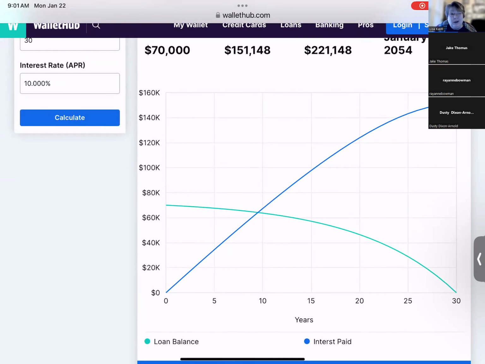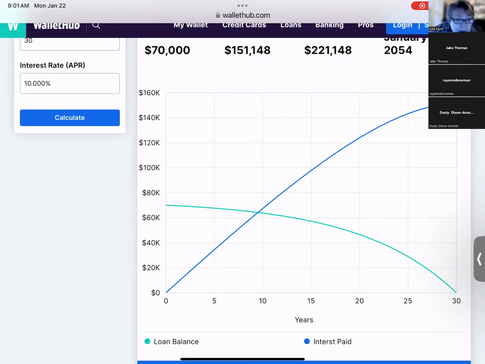When I got my student loan eons ago, I need to talk to my daughter about it, because she actually has active student loans, because she went to graduate school. But what you can see here, I'll put my glasses on, this schedule, this is 10% interest on a 30-year payback of $70,000.